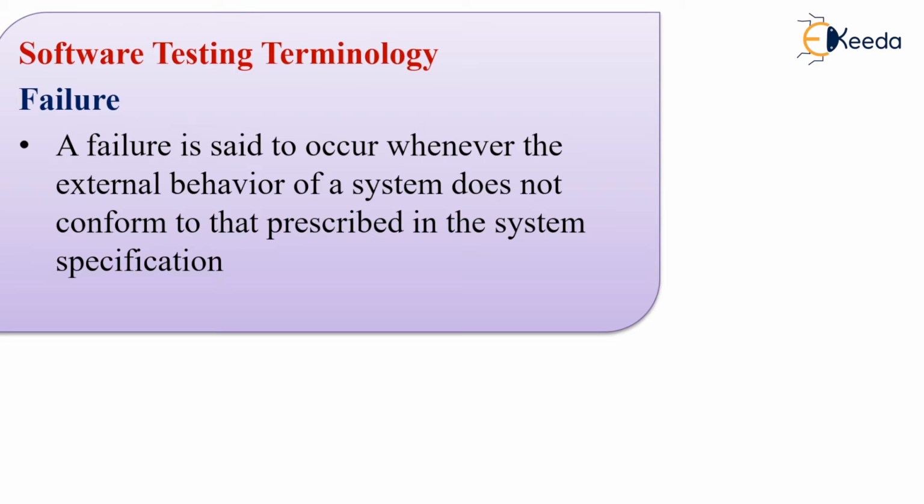Now, I'll take one example of failure. Let's say I designed a remote control with only two buttons, green and red. It is for opening and closing an automatic door. When I press the green button, the door should open, and when I press the red button, the door should close.